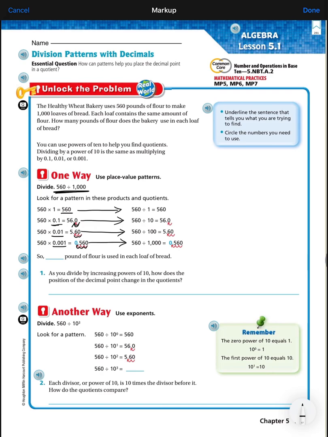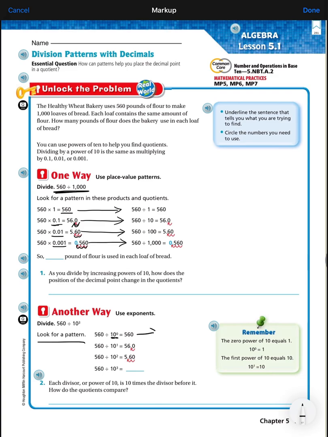All right, let's look down here where it says another way. Okay, another way. Let's take a look at this together. It says 560 divided by 10 to the third power. So we're going to look at a pattern here. So it says look for a pattern.